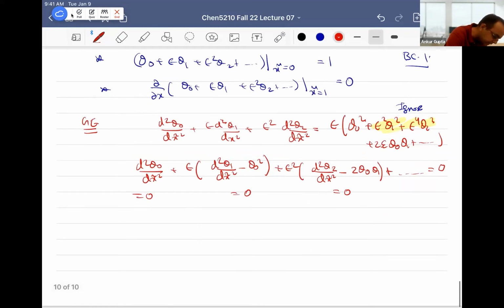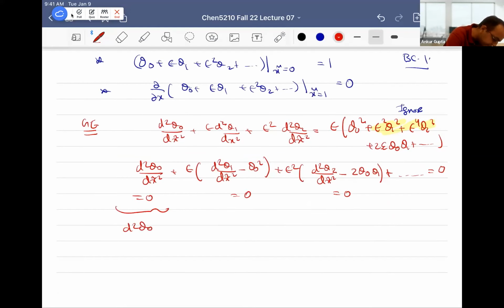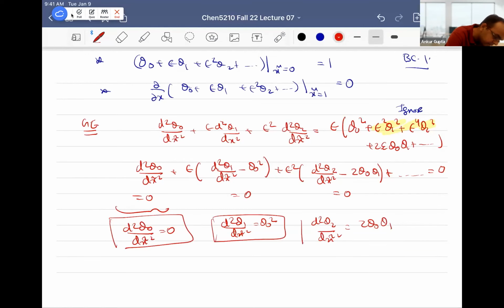So my leading order term becomes d²θ₀/dx² = 0, d²θ₁/dx² = θ₀², d²θ₂/dx̃² = 2θ₀θ₁. So you can enforce equality at each order.